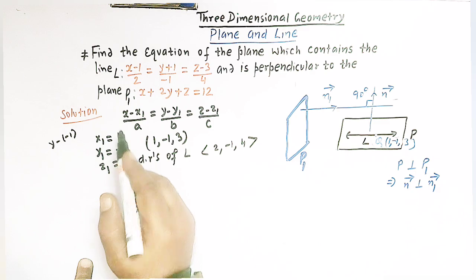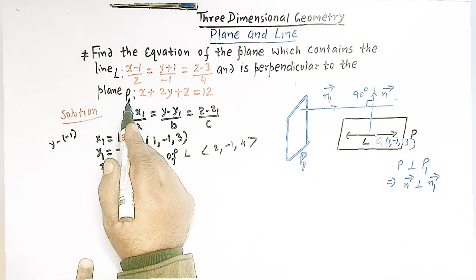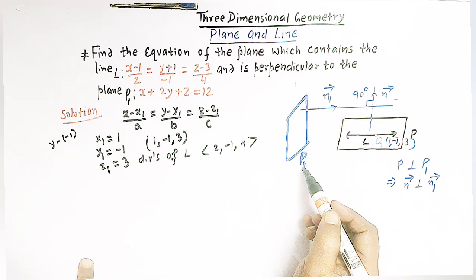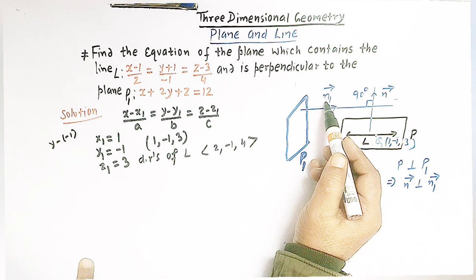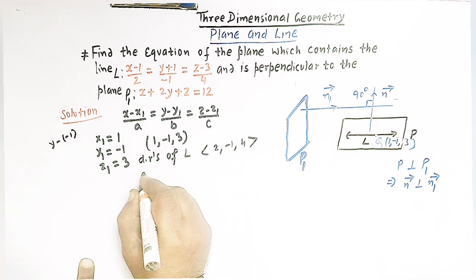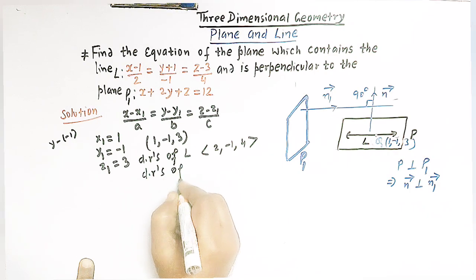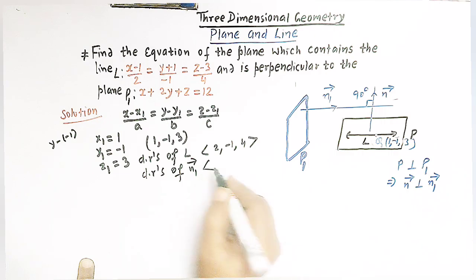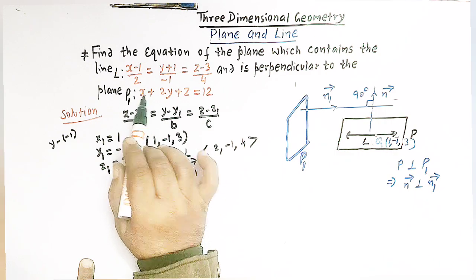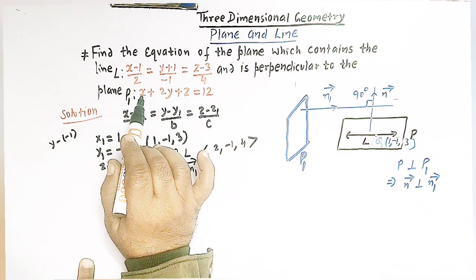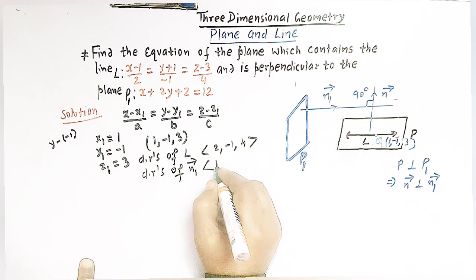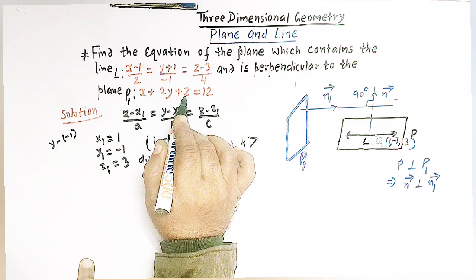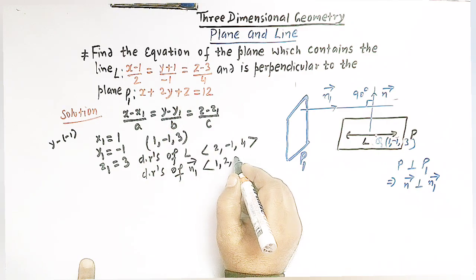Now let us come to the equation of the plane P1. The normal vector to this plane P1 is the vector N1, and the direction ratios of the normal vector N1 are given by the coefficients of x, y and z. Here the coefficient of x is 1, the coefficient of y is 2, and the coefficient of z is 1.